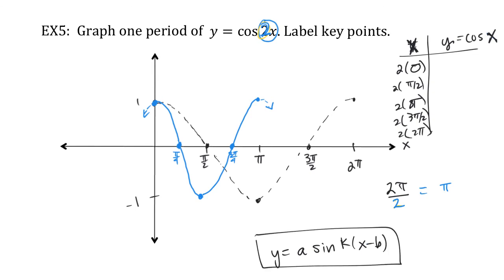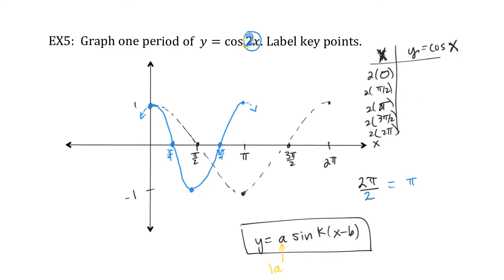And we've talked about the first couple things here. So the a refers to the amplitude. Okay, no matter what the sign of that a is, the absolute value of it is the amplitude. Okay, and we measure the amplitude from the midline to the peak.